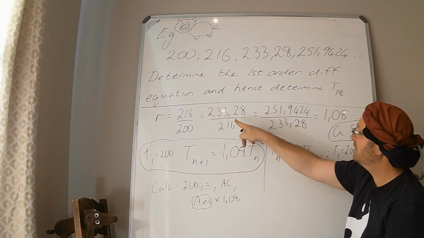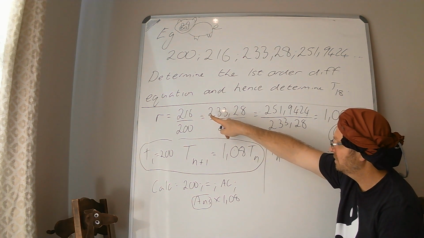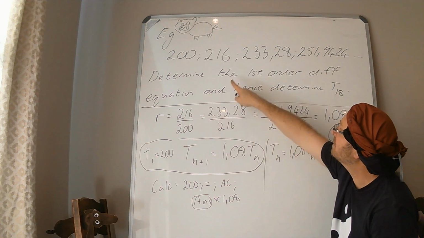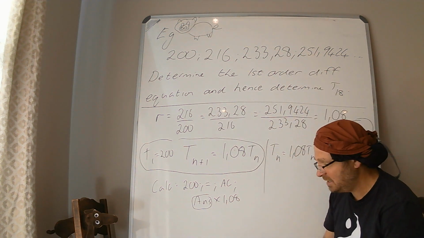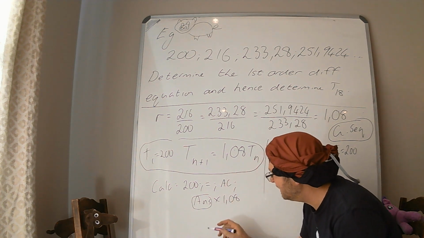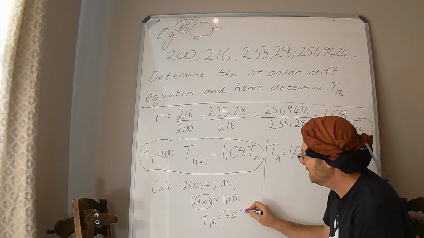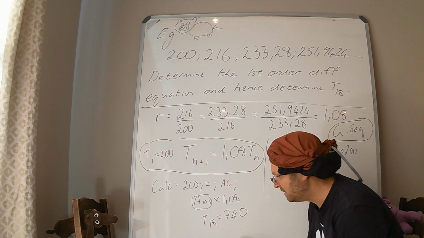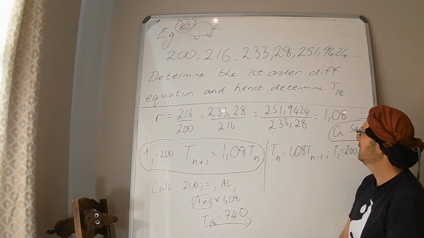First of all, check you're getting the right answers: the next one should be 216. If you're not getting those, you've made a mistake in entering this information. And you should end up with an answer for term 18 of 740. Now just one thing.